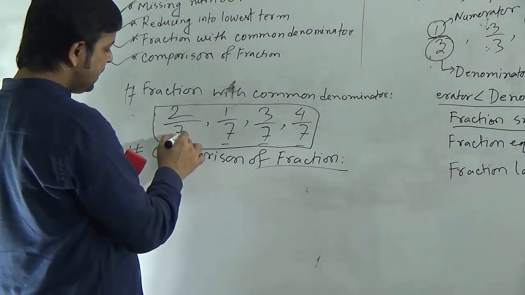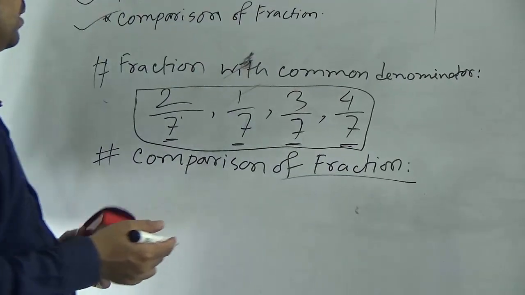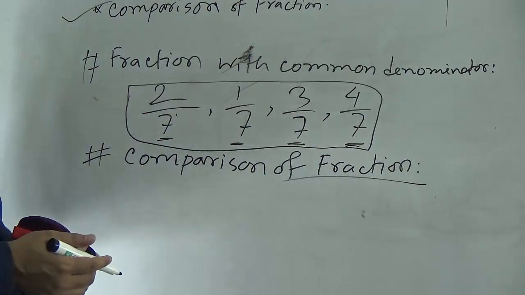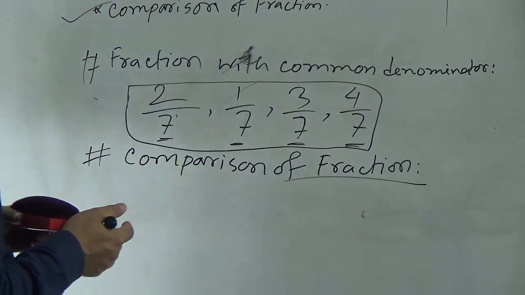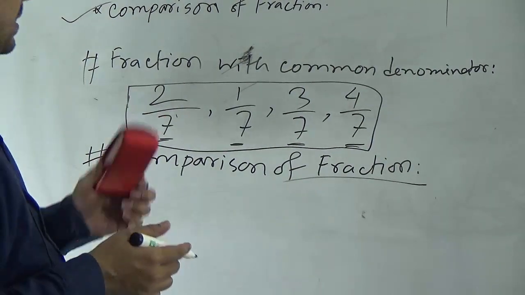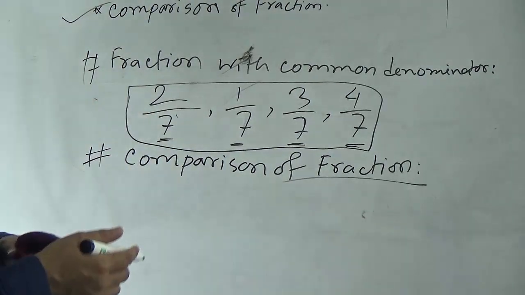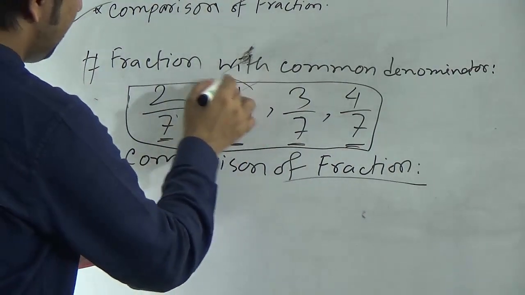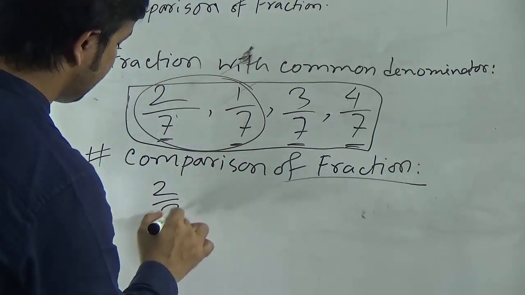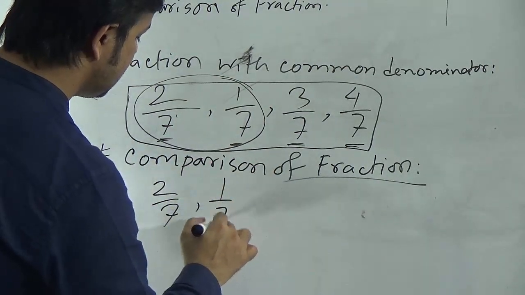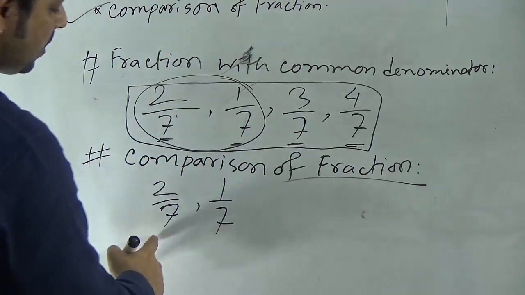Here denominators of all the fractions are 7. It means all the fractions have the same denominator. To compare these fractions, when the denominators of the fractions are same, then we have to consider the numerator. Suppose I am considering these two fractions, 2 by 7 and 1 by 7. Here denominators are same.